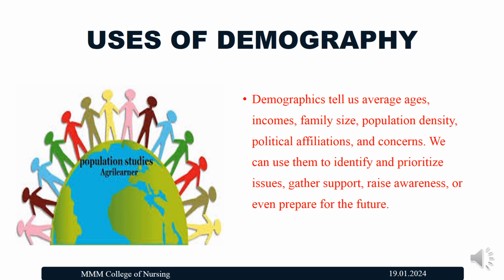We can use them to identify and prioritize the issues, gather support, raise awareness among the general people, and even be able to prepare for the future. What are the actual conditions, what is the educational level, what are the health-related statistics, what culture they are following, and in what ways we have to improve the quality of the people residing in a particular area. These are all the uses of demography.